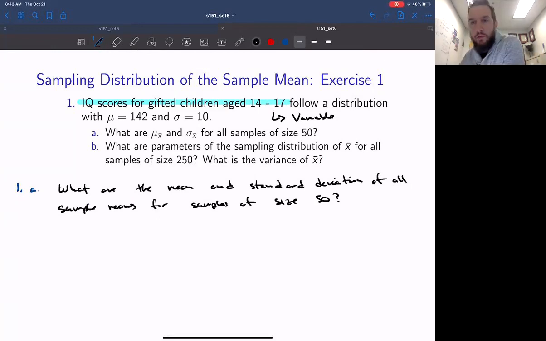This is the same thing as asking, what are the mean and standard deviation of all sample means for samples of size 50?